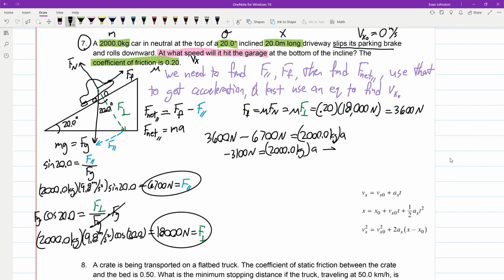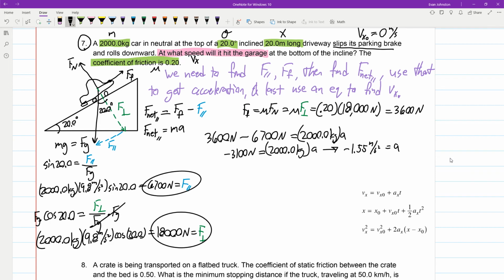That ends up giving me, well, let's just divide. Negative 3,100 divided by 2,000. I get negative 1.55. And if it's an acceleration, we're doing newtons divided by kilograms, meters over seconds squared.